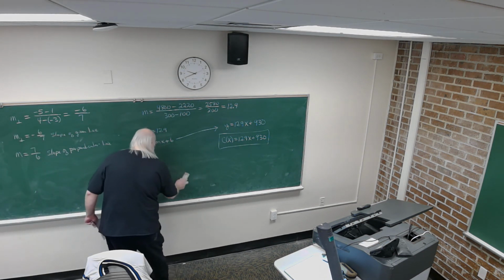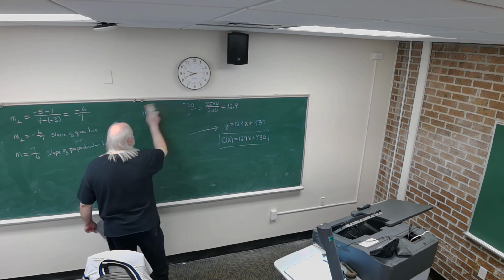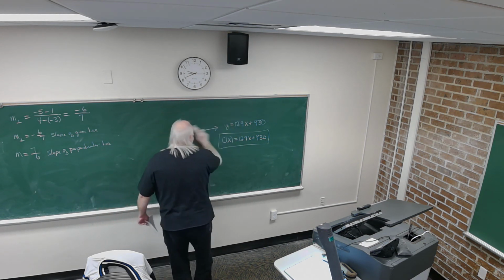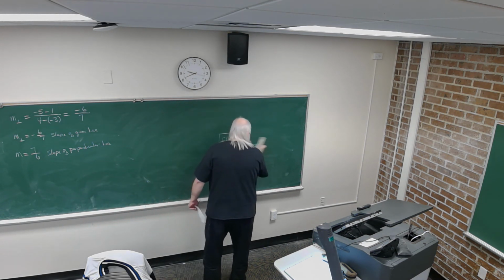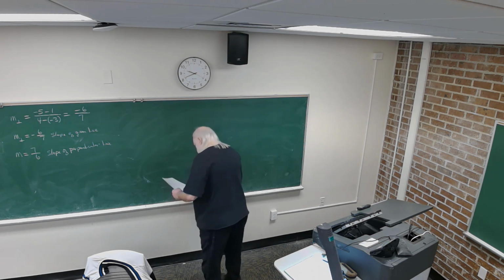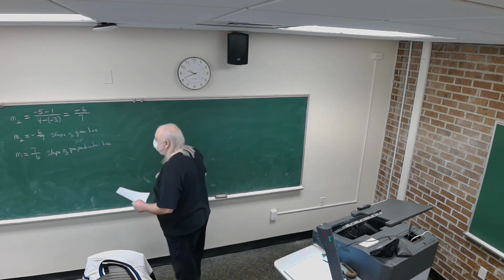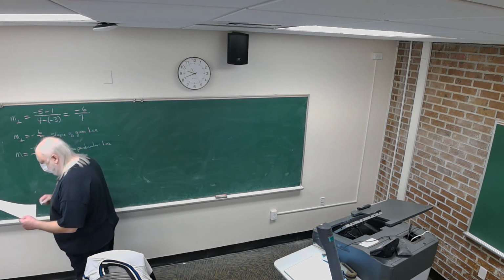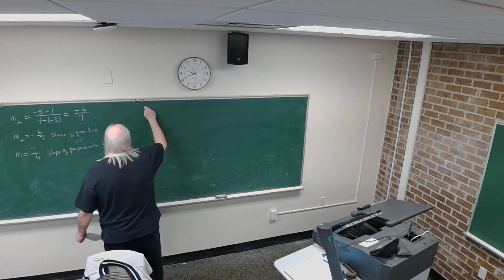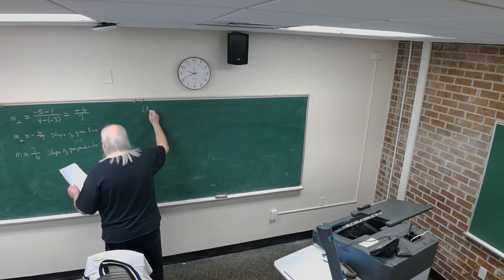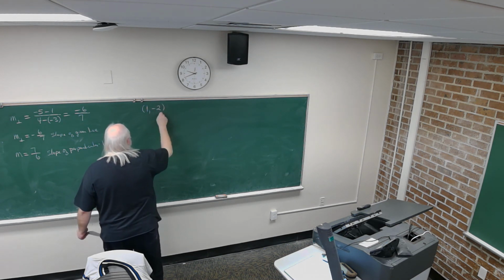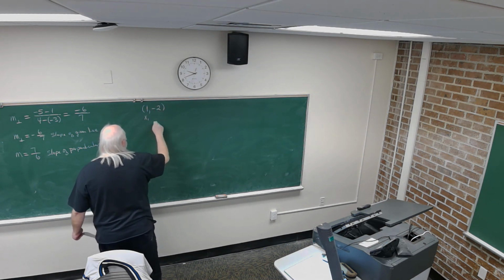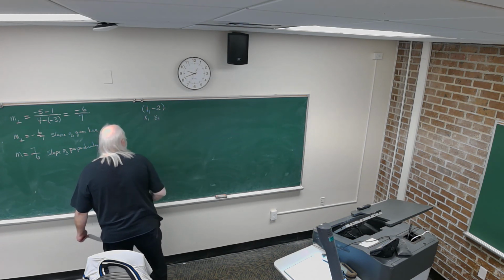So now we can write the equation of the perpendicular line in point slope form, okay? And remember, the perpendicular line passes through the point (1, -2). So 1 is our x1, -2 is our y1.